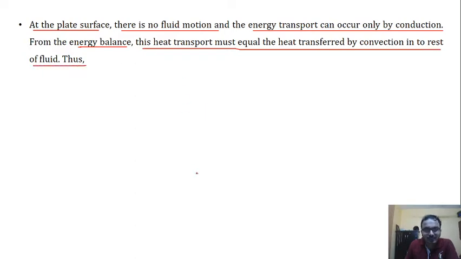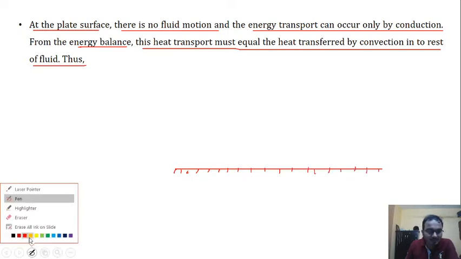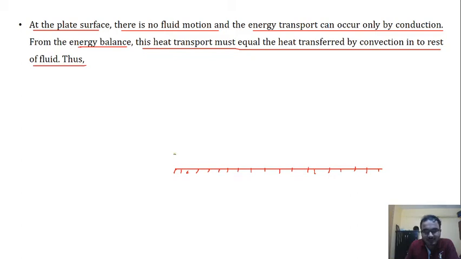What it is trying to say is, let us say here this is our hot plate, and here we have that thin layer, and beyond that we have the normal fluid layer over here.